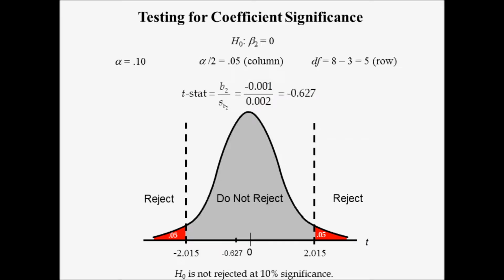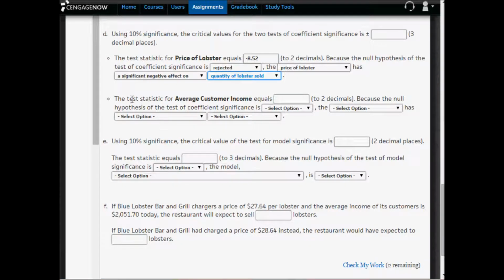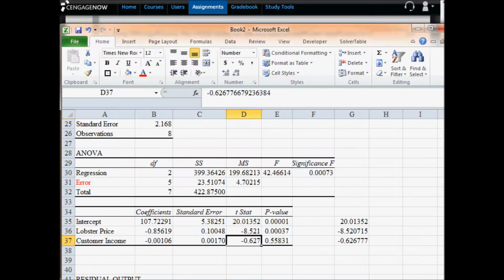So let's go back to Cengage now and answer those questions. The test statistic for average customer income equals, what was it, to 2 decimal places? Negative 0.63.